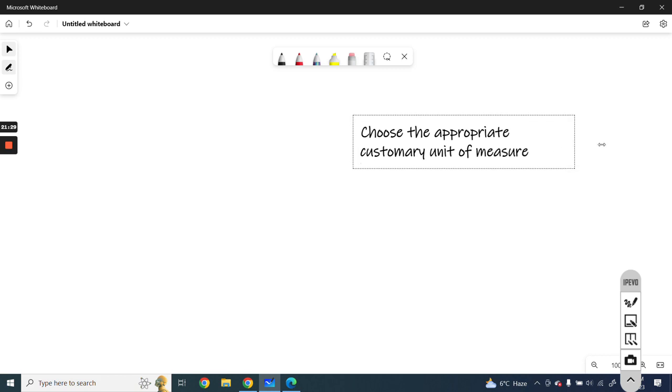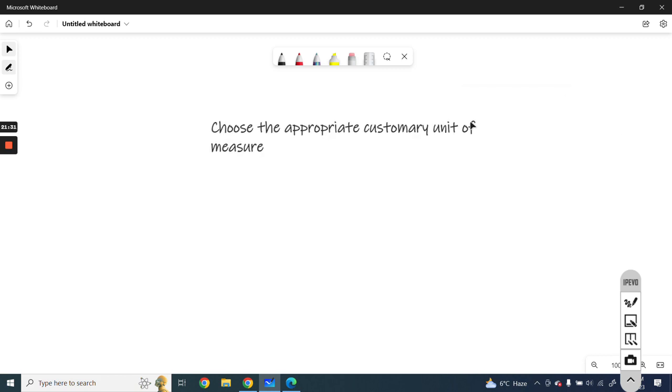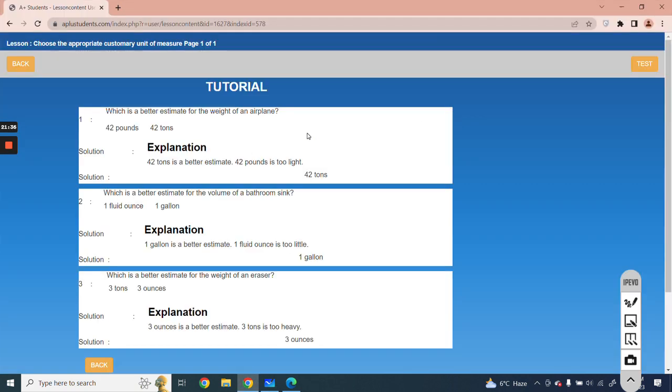Okay, let's just start with the lesson. Here I am on the lesson choose the appropriate customary unit of measure.